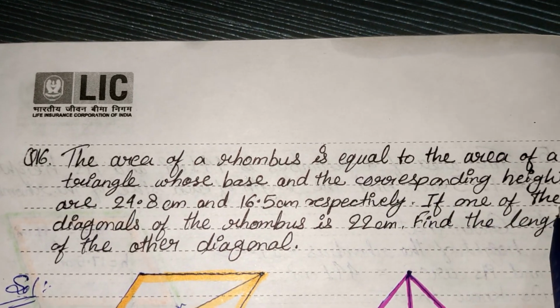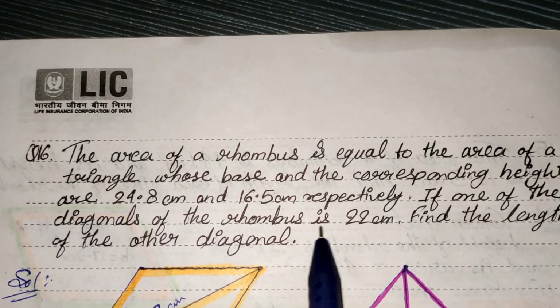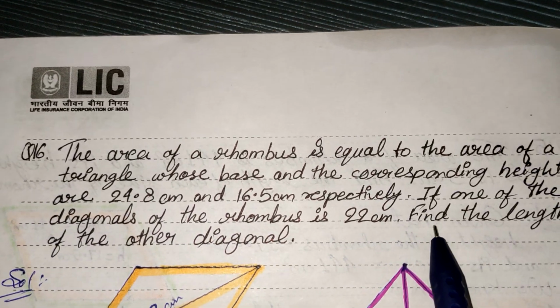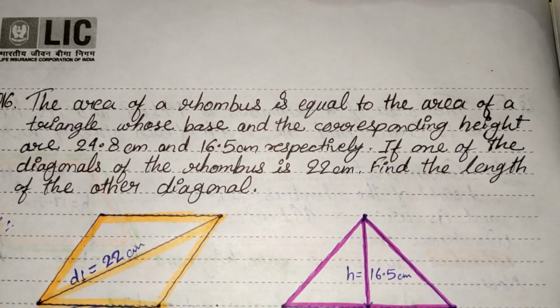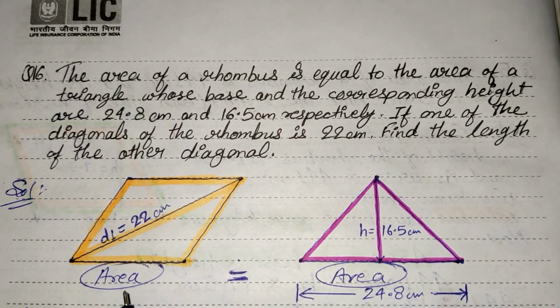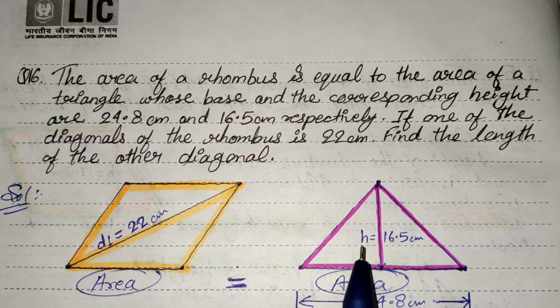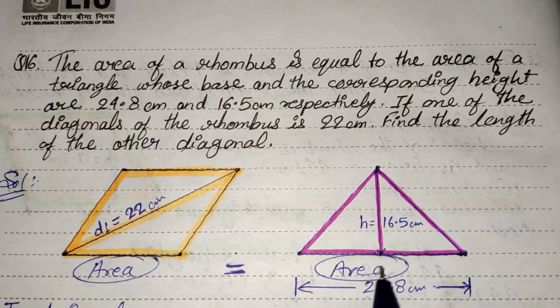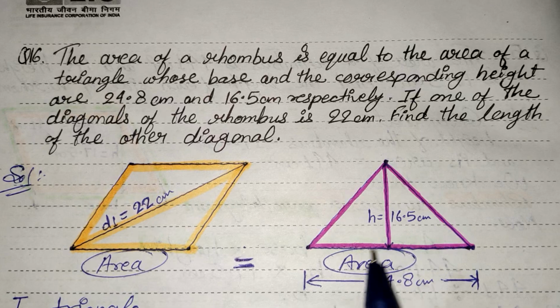If one of the diagonals of the rhombus is 22 centimeter, D1 is given, we have to find the length of the other diagonal. Now according to the question, the figure is this.